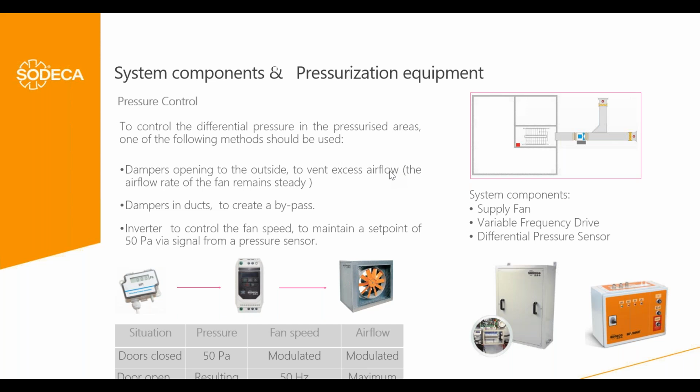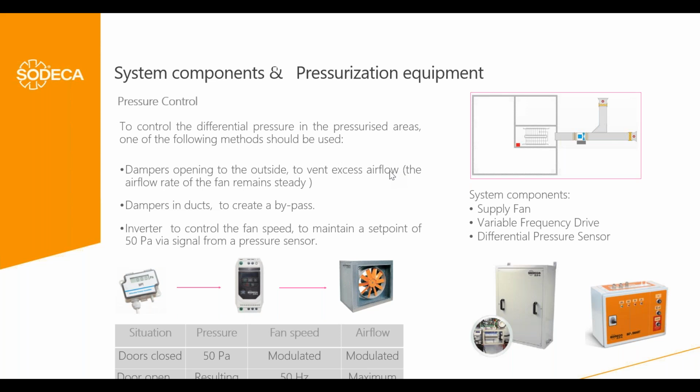The standards give different solutions like dampers opening outside, barometric dampers, dampers in ducts, also barometric dampers to create a bypass, but the most common system used is controlling the velocity of the fan, so the flow that is provided by the fan, through the reading of a pressure sensor reading the pressure difference in the protected staircase. So we have a pressure sensor that sends that signal to the inverter, and the inverter modulates the velocity and so the flow of the fan.